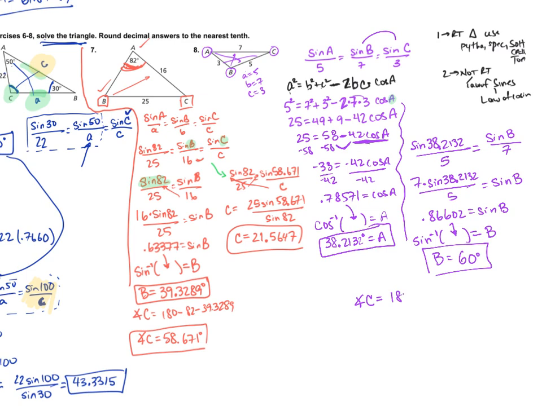I just know that it's 180 minus 60 minus this 38.2132. So angle C comes out to be 81.7868 degrees. So now I have all three angles.